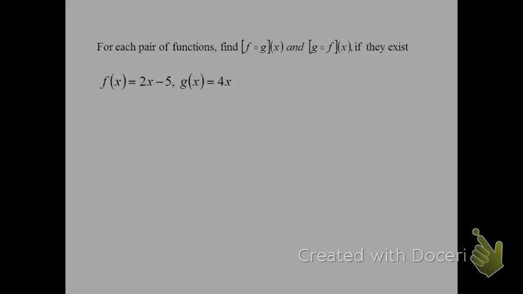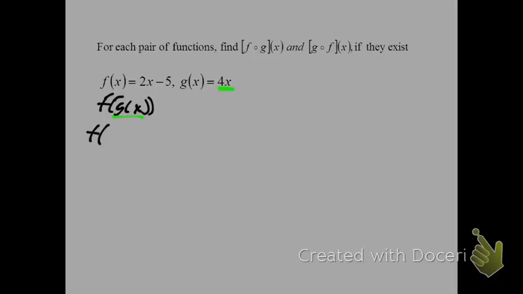So here we're going to find f of g of x and g of f of x of these two functions. So we're going both ways with this slide here. We're going to do f of g of x first. I always kind of run it like a substitution. So g of x, whatever it is, I'm going to plug in first.